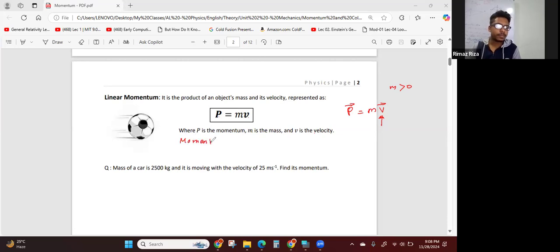Okay, so after writing this, you can write: momentum is a vector quantity, and its direction is in the direction of velocity.